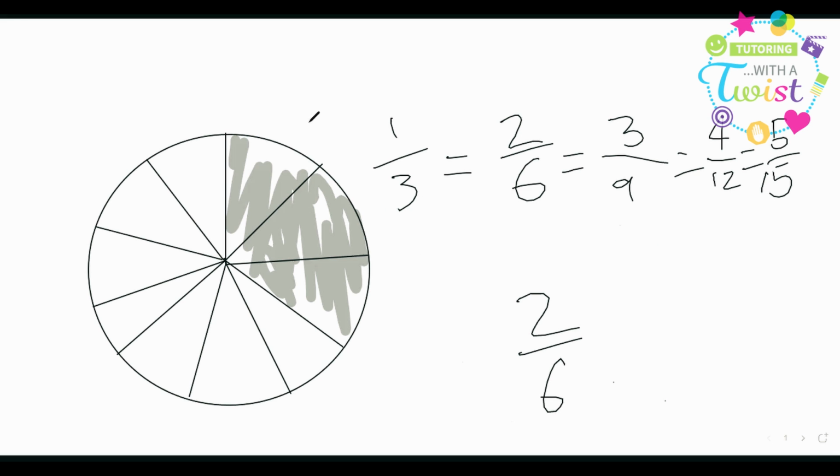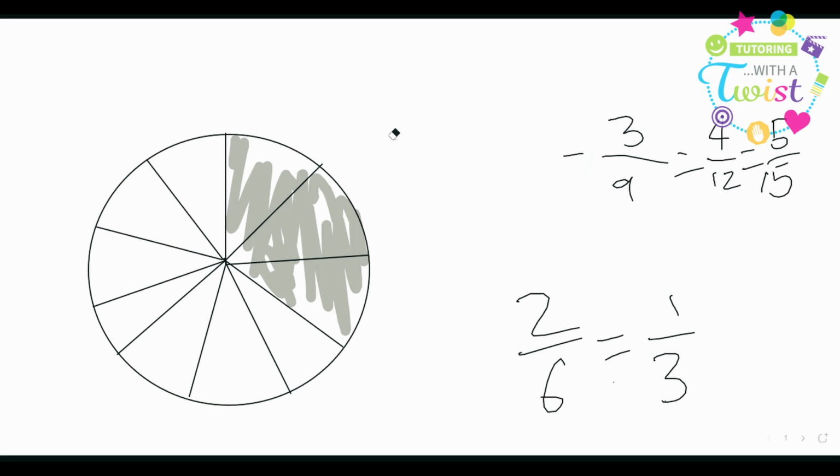Well, I was able to get 2/6 by multiplying the top and bottom of 1/3 to get something that was equal to it. If I wanted to, I could also undo that by dividing by 2, right? Rather than multiplying by 2 to get 2/6, I can divide by 2 to get 1/3. So if I divide the top and the bottom by the same number, no harm, no foul, I've gotten another number that is equal to it, right?